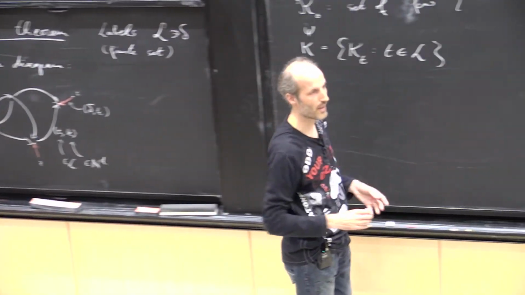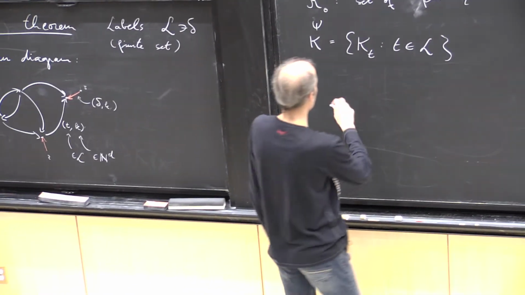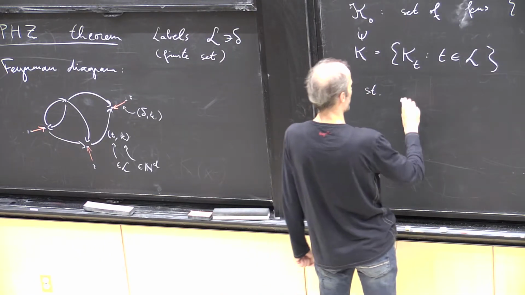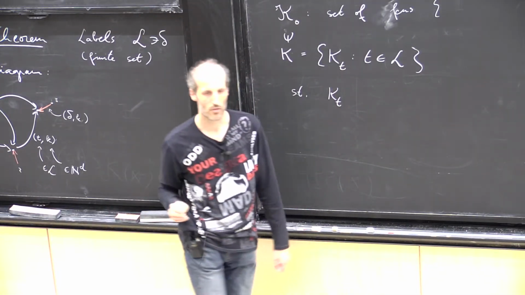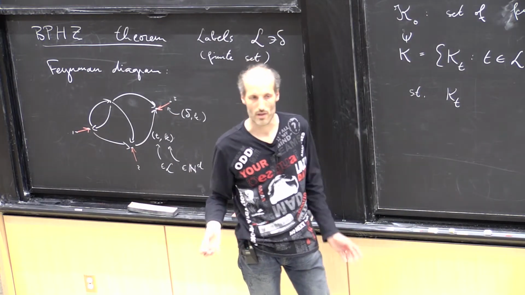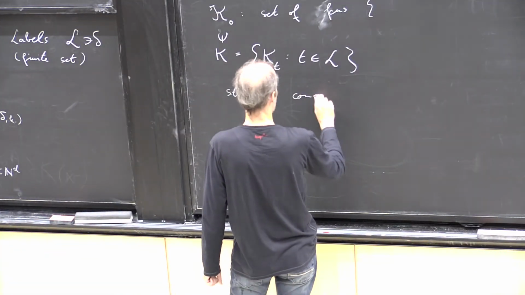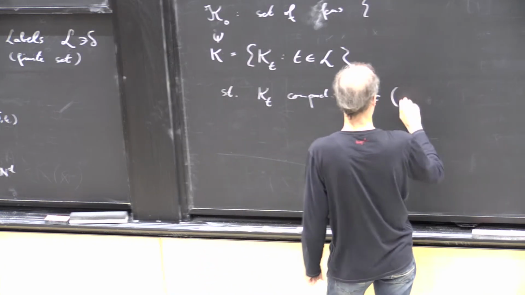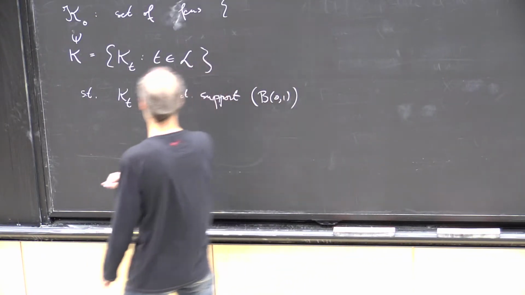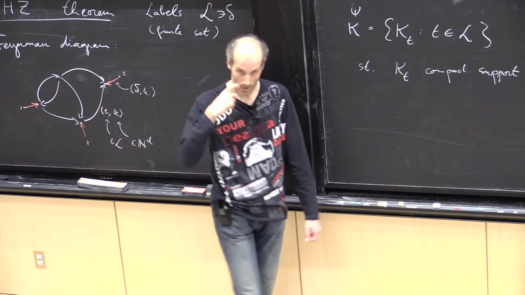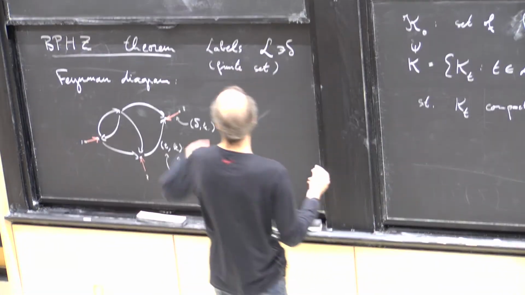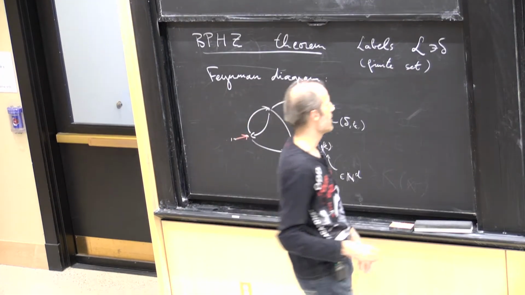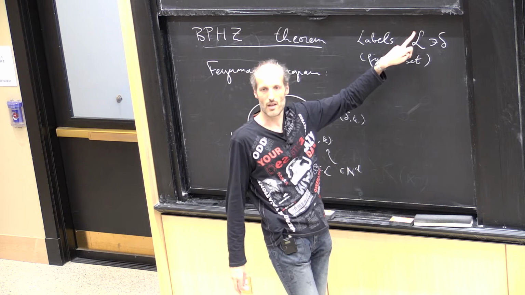except for the delta one. The delta, think of it as a delta function. And with the property that each K_t, I'm going to assume, is compactly supported, say in the ball of radius 1, B(0,1). And furthermore, they behave like some power law near the origin. What it means is I'm going to assign to each of these labels a degree.